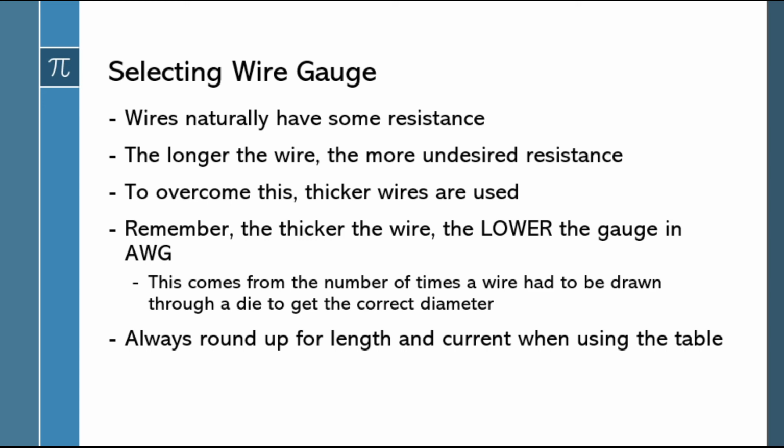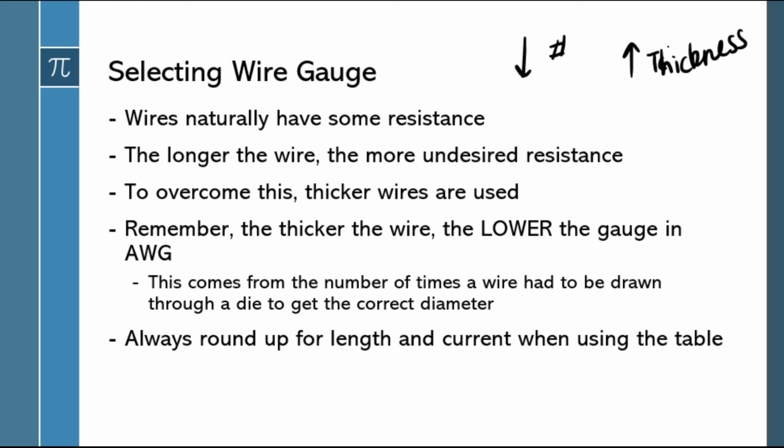When you use thicker wires, you have to remember, if you're talking about American wire gauge, I think that's what AWG stands for, that the lower number means more thickness. So 10 gauge is thicker than 14 gauge and so on. That derived from the fact that they used to pull wires through dies to shave off wire size.